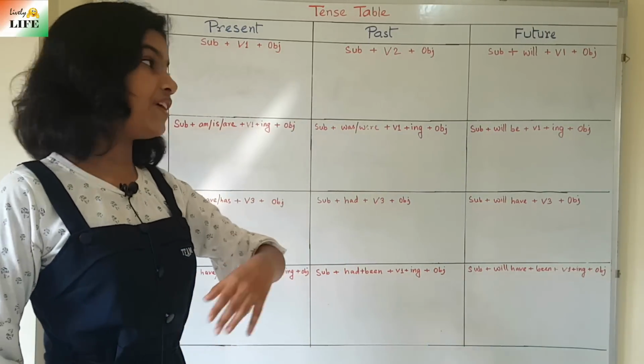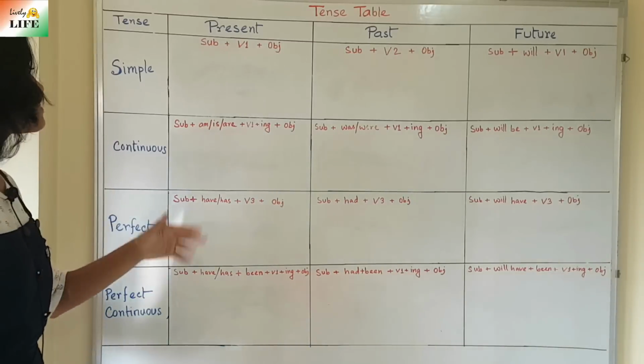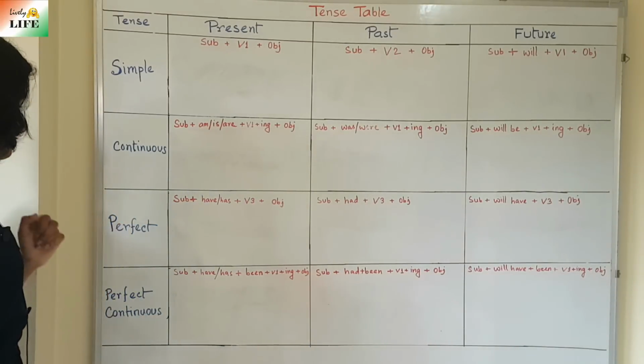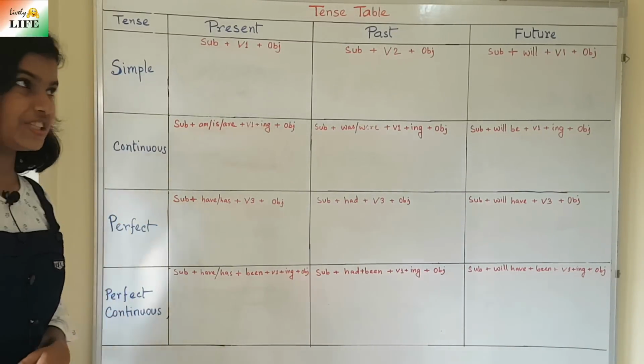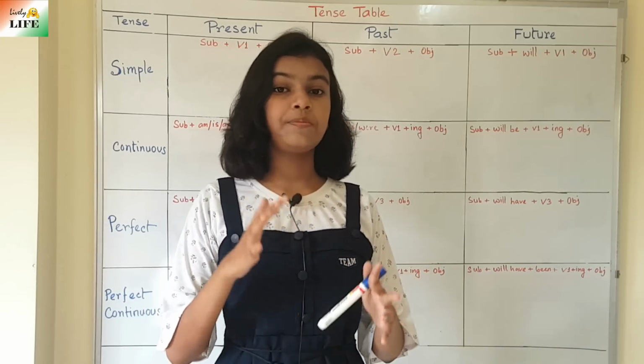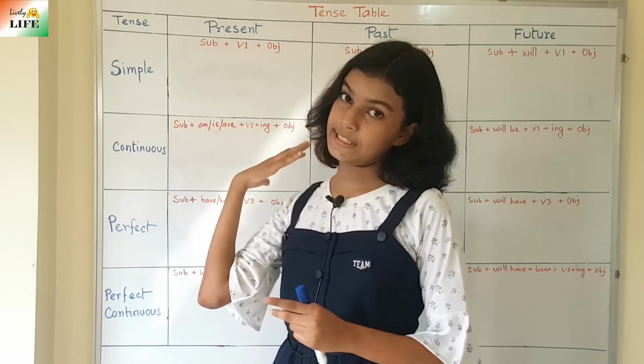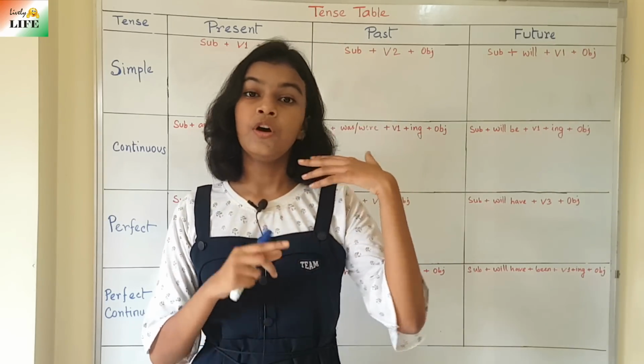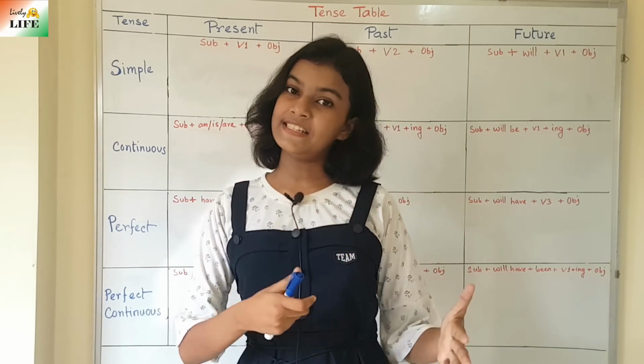Then past is also divided into 4 parts: simple past, past continuous, past perfect, past perfect continuous, and the same with future. And I'm also going to do separate videos about all these tenses. So over there I'm going to discuss these tenses in detail.